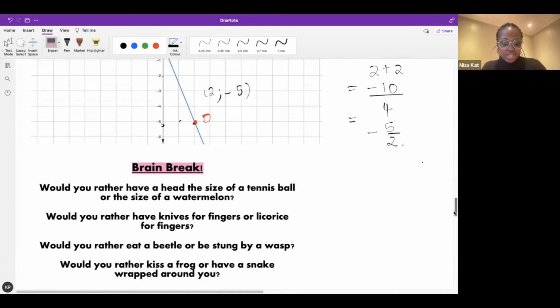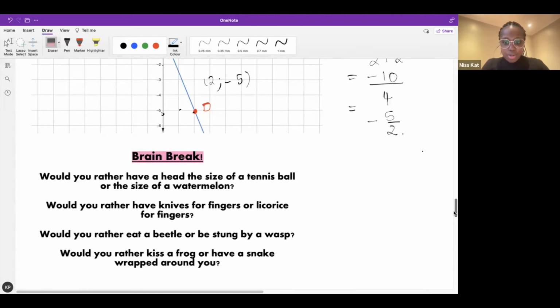Would you rather kiss a frog or have a snake wrapped around you? Ooh, this is a bad one. Yes, Retabile. Yo, guys, you know how slimy frogs are. Ugh.